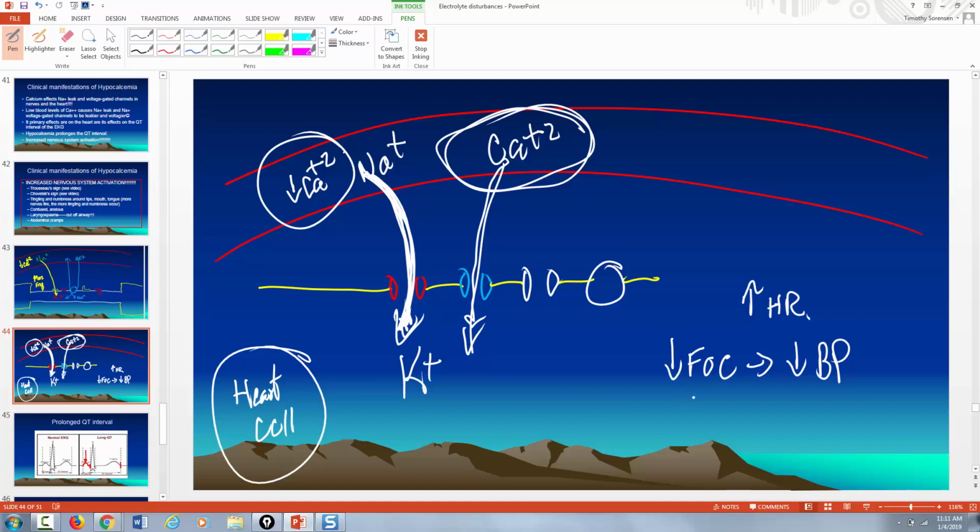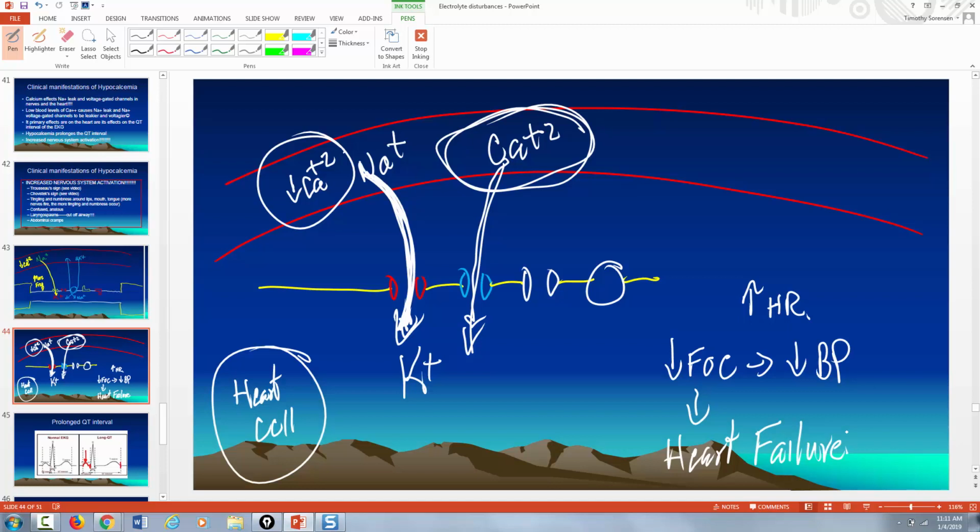Also, because that force of contraction is becoming weaker, these people can go into heart failure. Now, this is relatively rare, but it still happens.